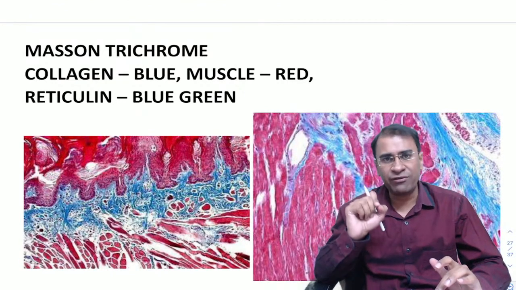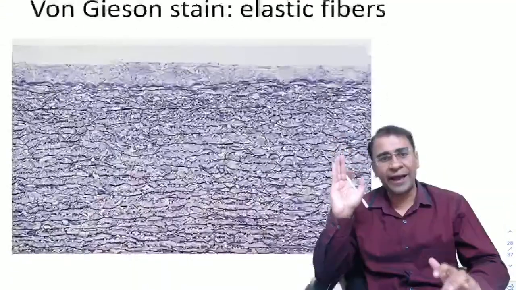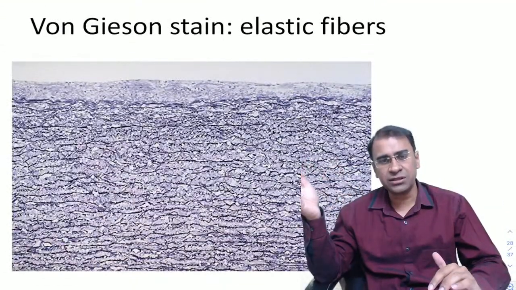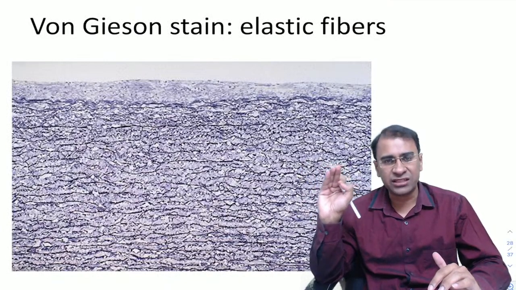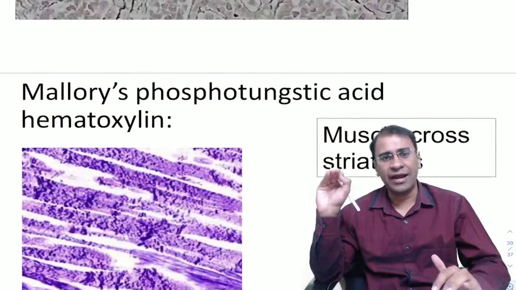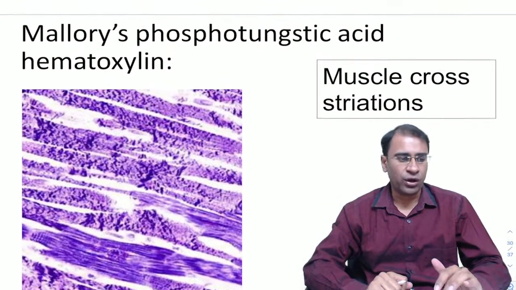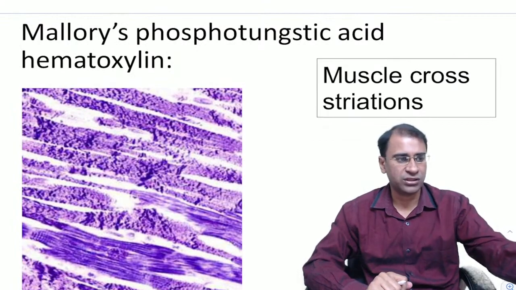But for reticulin, we have better stains, that is, Gordon and Sweet. And von Giesen for elastin fibers. Then Gordon and Sweet for reticulin fibers, and Mallory phosphotungstic acid hematoxylin for the muscle cross striations.